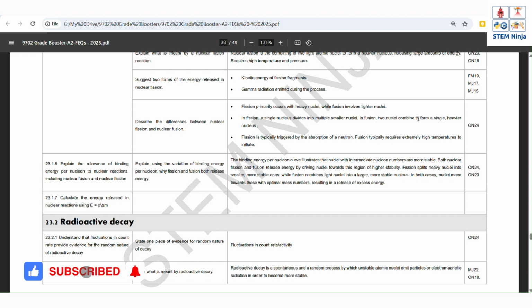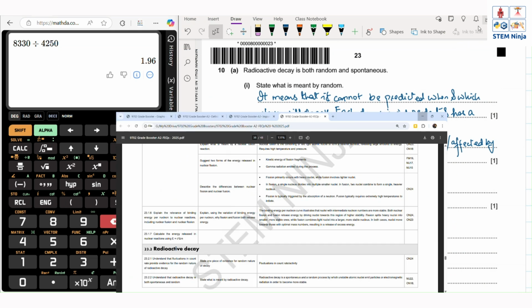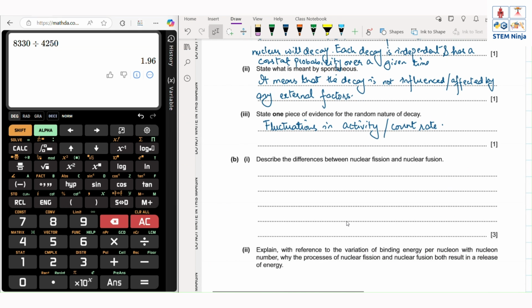In fusion, two nuclei combine to form a single, heavier nucleus. Fission is typically triggered by absorption of a neutron. Fusion typically requires extremely high temperatures to initiate. You can write all three if you like, but we just need three.